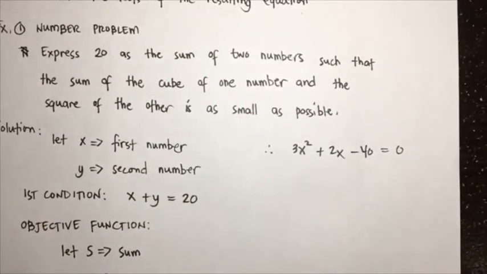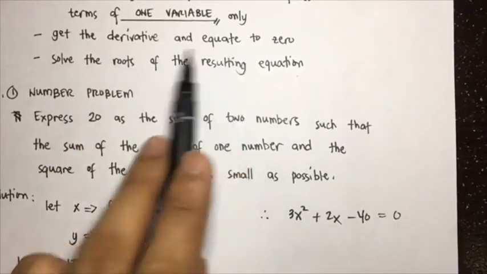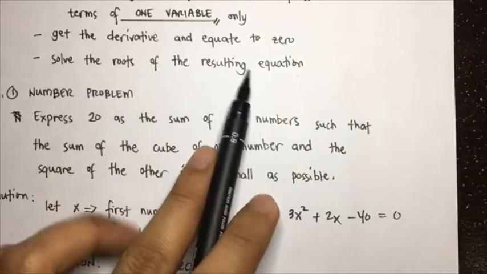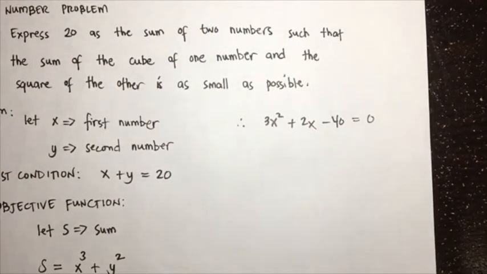What was the next step after equating to 0? To solve for the roots of the resulting equation. So from this equation, we'll solve for x. We can do that by factoring.